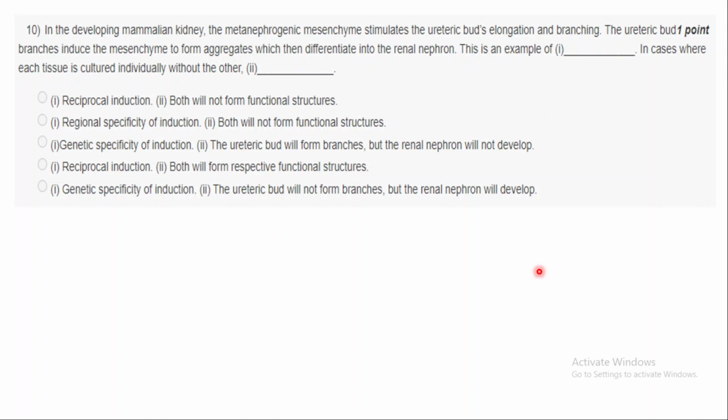Now, which of these do you think is the correct answer for filling in the blanks in the paragraph? This is about nephrogenesis, generation of nephrons, development of nephrons in the kidney. Take a minute to read the sentences and fill in the blanks. Okay, Sakshi is answering maybe 3, genetic specificity of induction, and Ajay is answering 4, reciprocal induction, both will form respective functional structures.